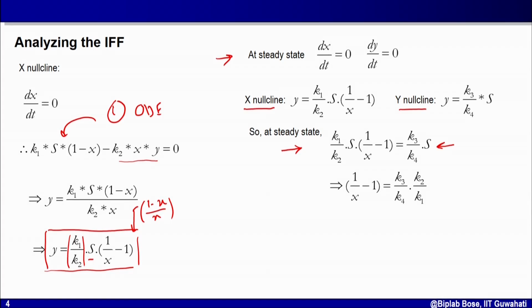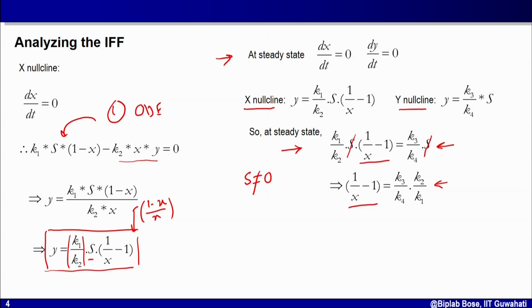If I rearrange, I keep this 1 by x minus 1 on the left hand side and arrange everything with s on the other side. Remember, if s is not equal to 0, then I can cancel this s. So by rearrangement I get 1 by x minus 1 is equal to k3 by k4 into k2 by k1.